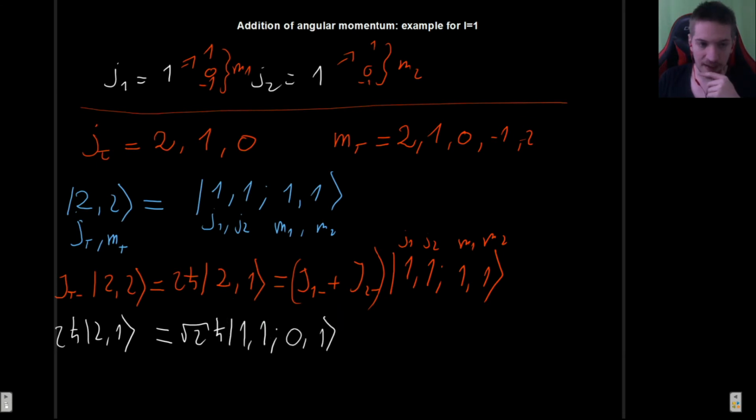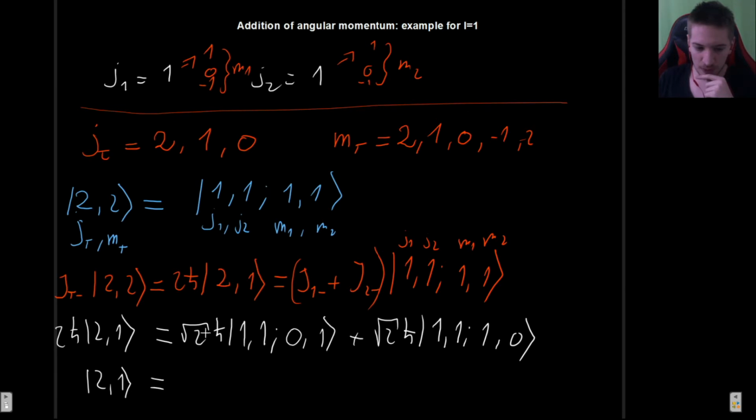So we get square root of 2 H bar times this state. And now we apply the second lowering operator to this state. However, the value of M is the same, so we will get square root of 2 H bar as well, times 1, 1, 1, 0. And now let's divide all of this by 2 H bar, so we get ket 2, 1. This is equal to, now we have square root of 2 divided by 2, and we can factor that out of this system.